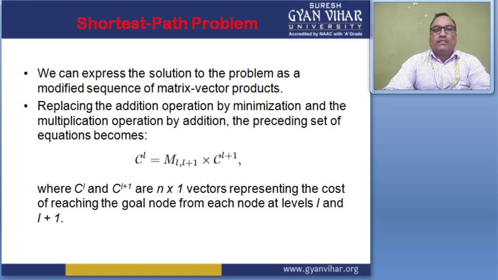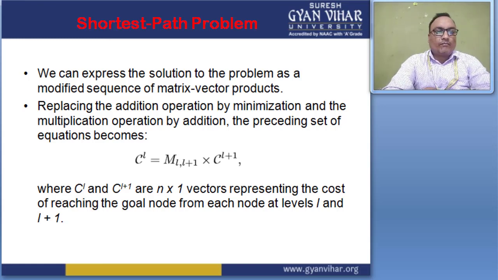So we can express the solution of the problem as a modified sequence of matrix-vector products, by replacing the addition operation by minimization and the multiplication operation by addition. The preceding set of equations becomes Cl equal to M(l,l+1) into C(l+1), where Cl and C(l+1) are n by 1 vectors representing the cost of reaching the goal node from each node at level l and l plus 1.